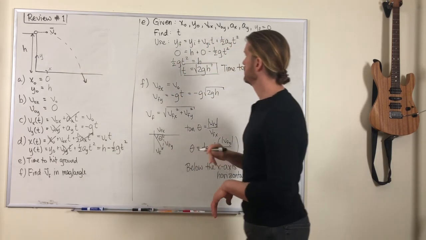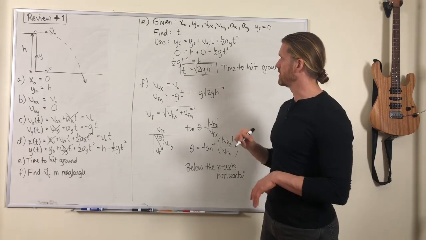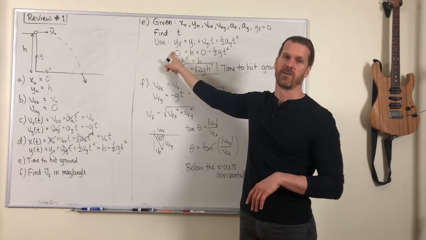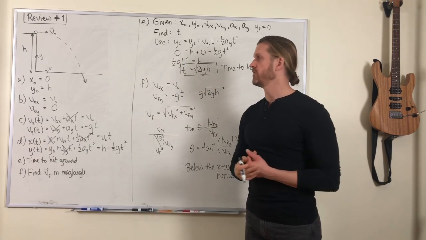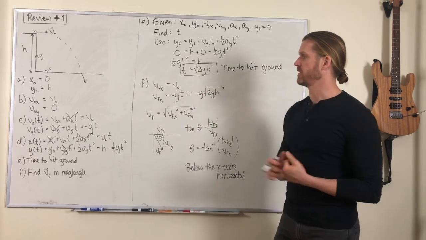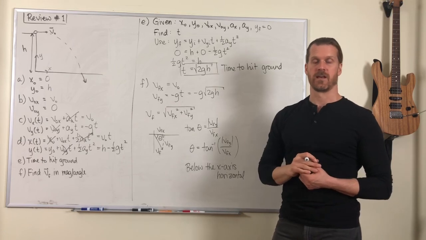And so you could do that by finding the time it takes to reach a different height. Instead of y final being 0, maybe y final is 10 meters above the ground. And you would change the final height, get the time to reach that height, and then find the velocity at that height the same way.